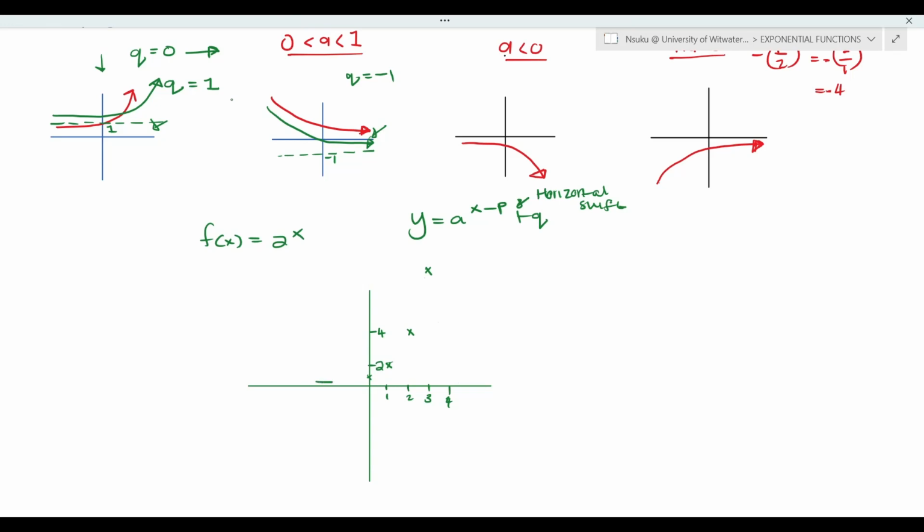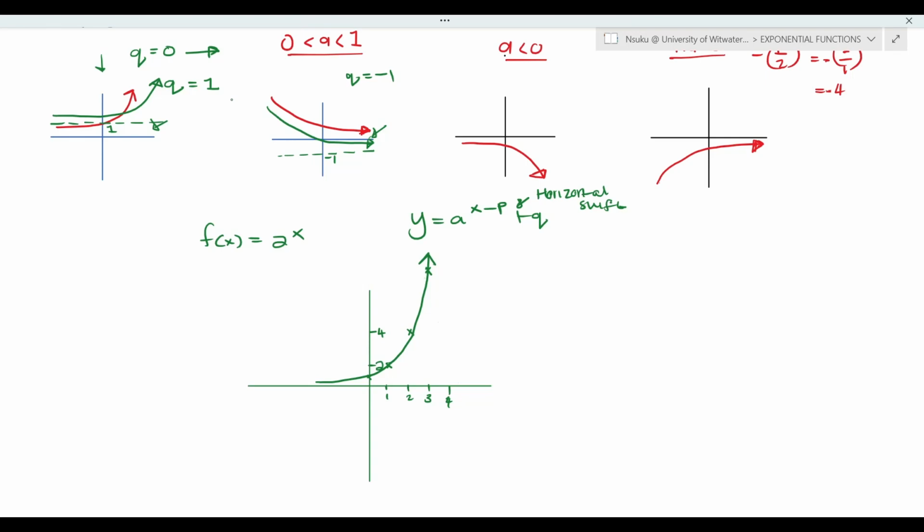Then it goes all the way up, increasing exponentially. If x is 4, y will be 16, and so on. That's why they call it an exponential graph.